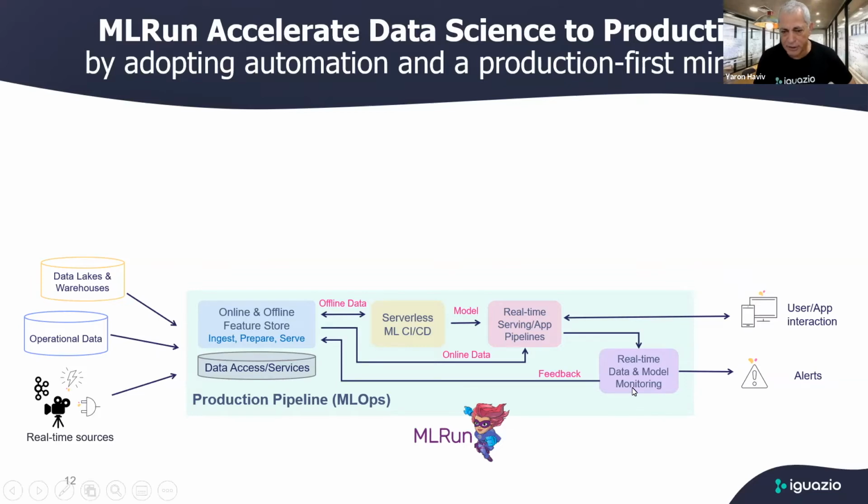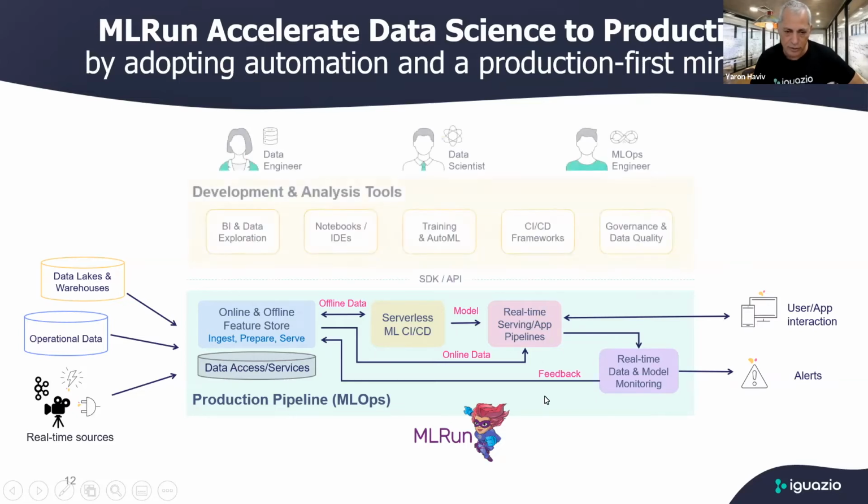And the last piece in MLRun is the model monitoring or data monitoring. All the data from the production system goes into an analytical engine that collects, aggregates, alerts based on all the information, and writes back the production data into the feature store for later use cases.